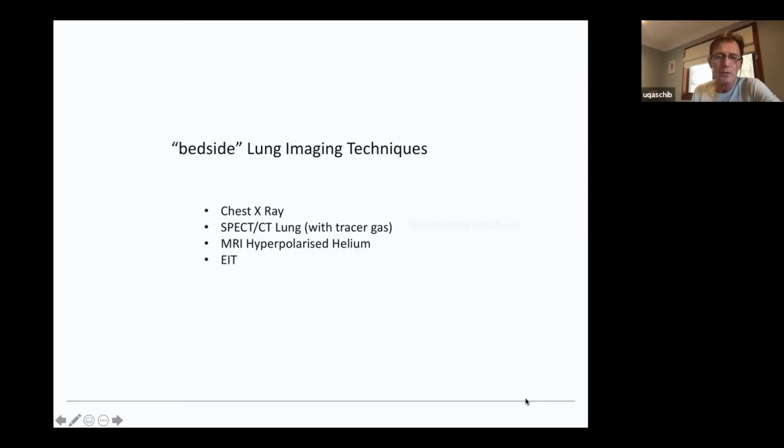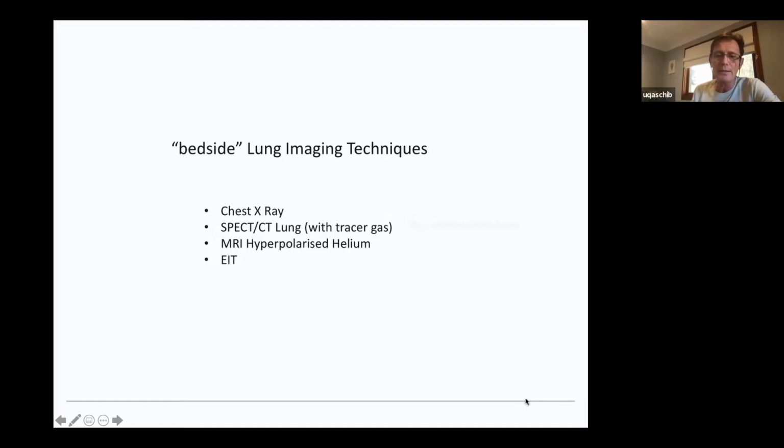Similarly, we've done some work using hyperpolarized helium. Fantastic technology, it has made huge progress over the last 10 years. The hyperpolarized helium is basically a waste product from nuclear waste that's been used. So having access to hyperpolarized helium is difficult, but it can be used for research purposes, and now for clinical purposes.